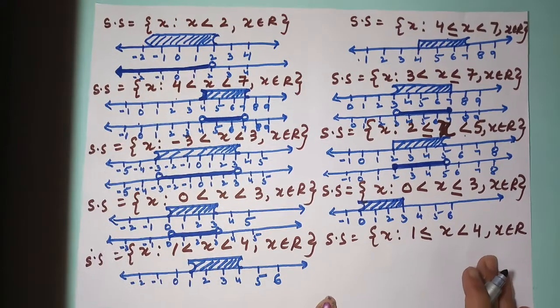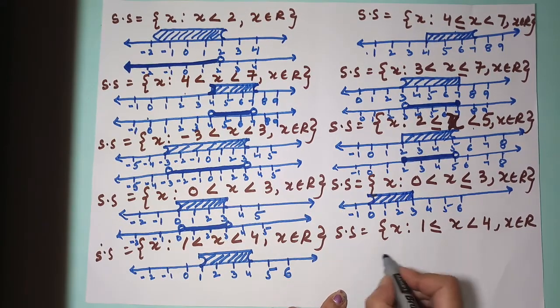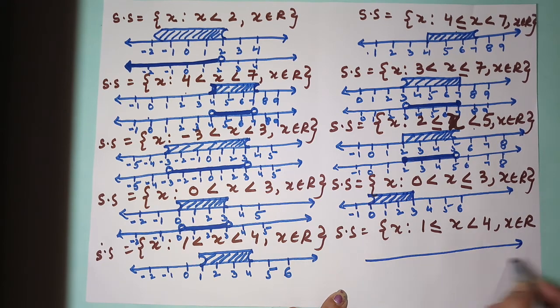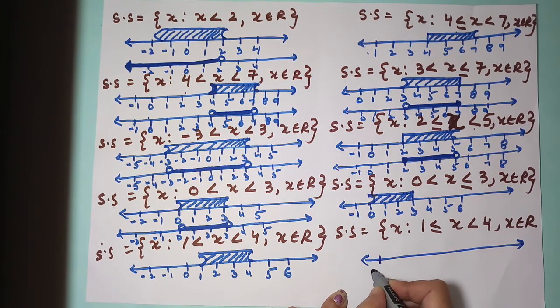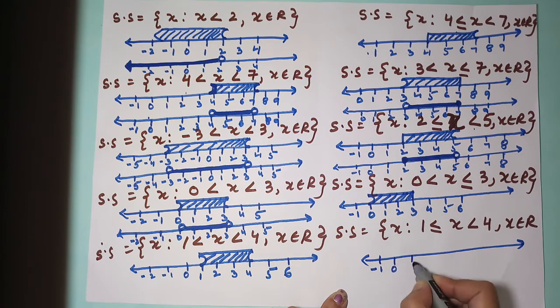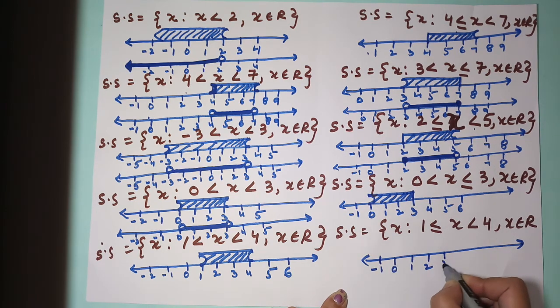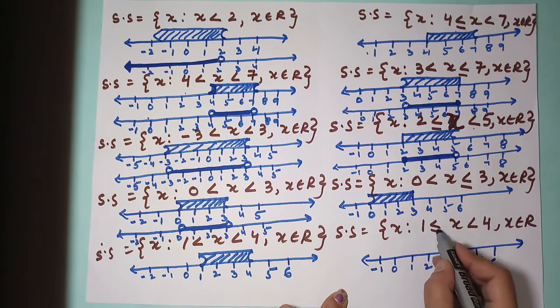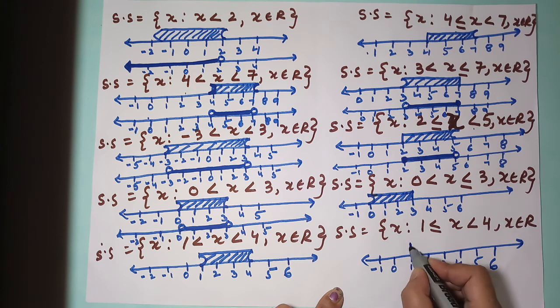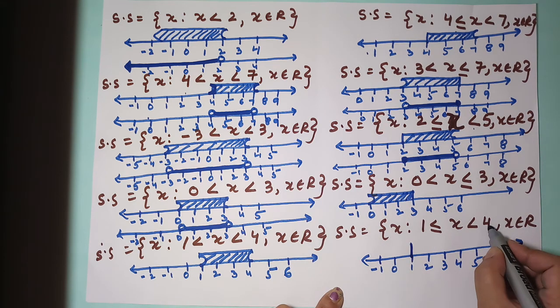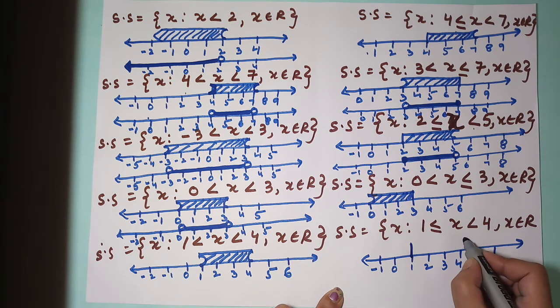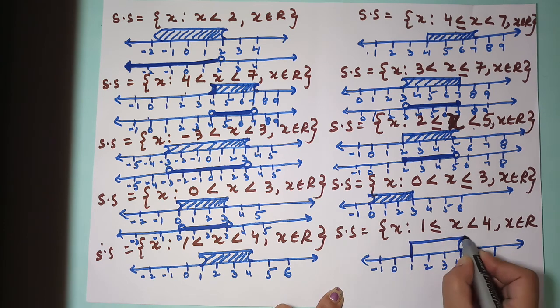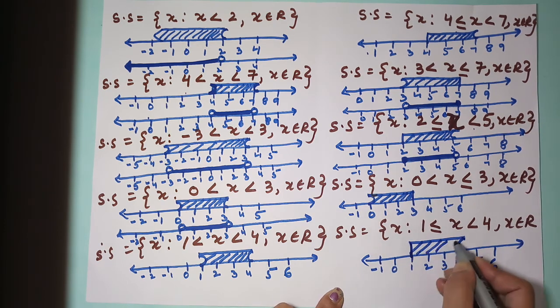Now for this part, draw a straight line like this: -1, 0, 1, 2, 3, 4, 5, 6. Go to 1, equality sign is there. Place a straight line over 1. Go to 4, equality sign is not there. Place an arc like this, join this and shade this.